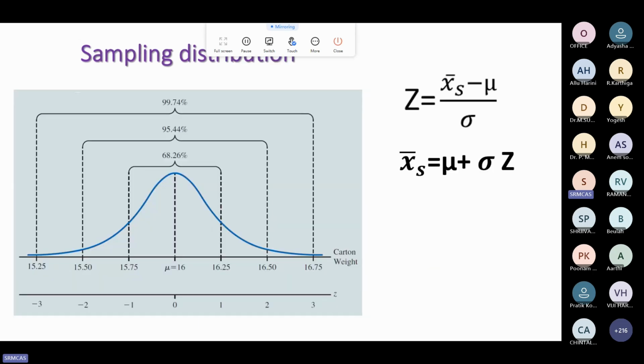So these sampling distributions, the average of all the samples, can be plotted in a frequency distribution. So we will get a graph like this. I think many of you know the bell-shaped curve, the normal distribution. So it shows that the samples are distributed around the mean value.